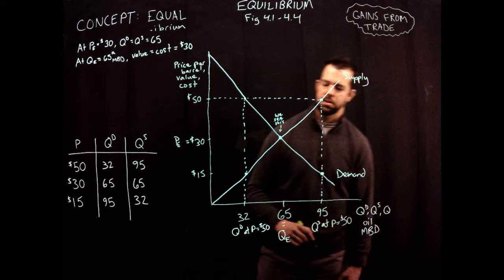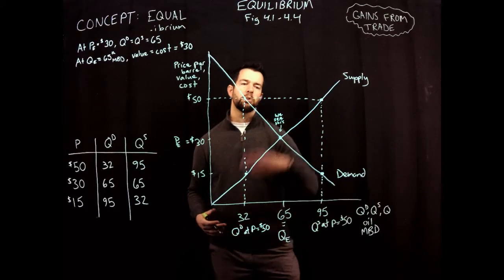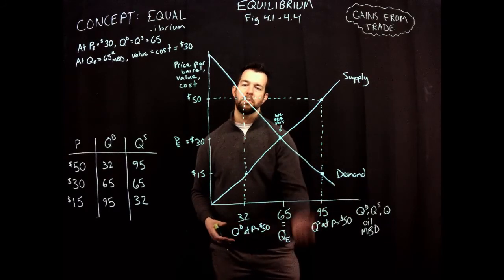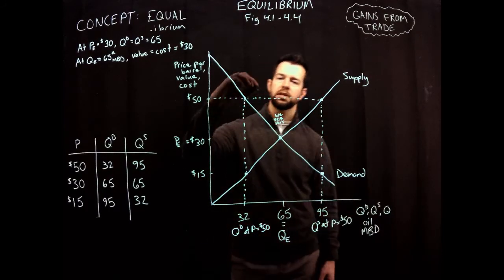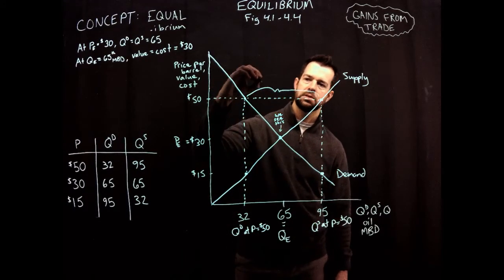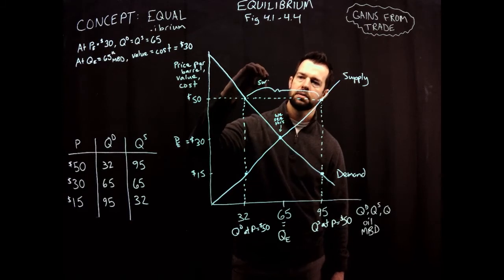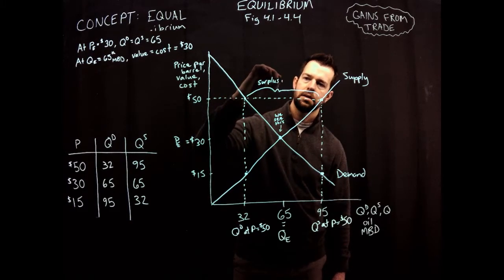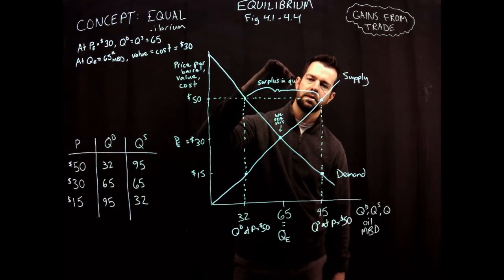When the price is too high, more sellers want to sell at this price than buyers want to buy at this price. We call this horizontal distance a surplus in quantity.